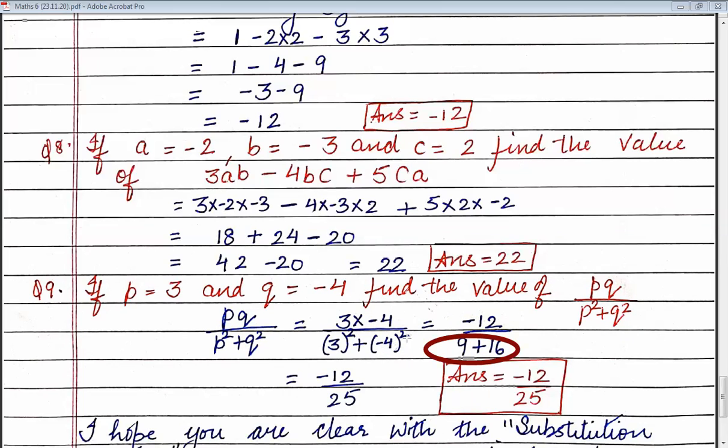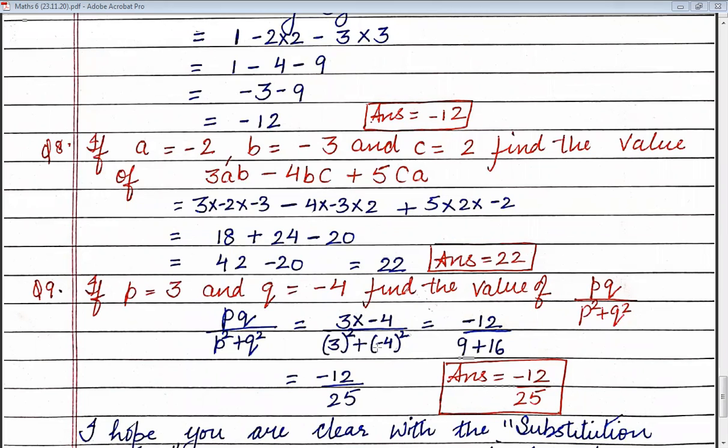Now minus 4 square. Minus 4 square means 16. Because minus 4 square means minus 4 into minus 4, that is 16. So your final answer is minus 12 divided by 9 plus 16, that is minus 12 upon 25.